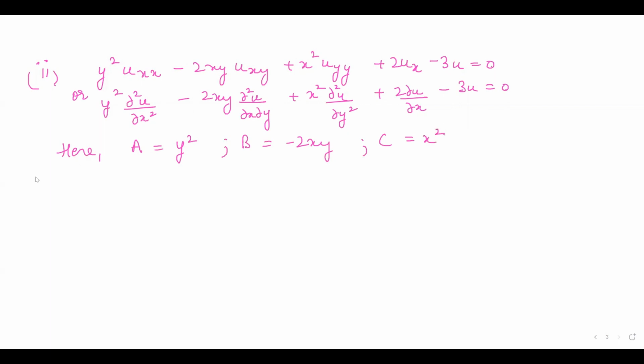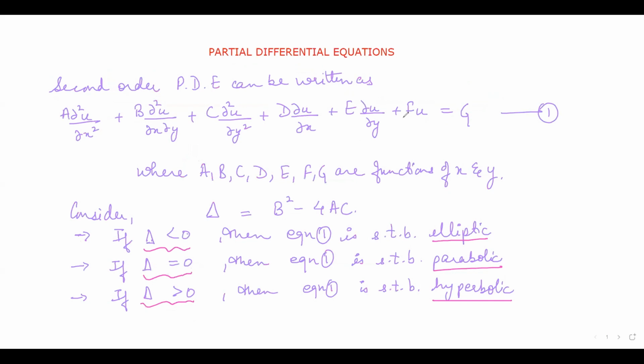The other values that we have, this represents your D, right? The coefficient is D, and the E coefficient is missing. That was for del u by del y, and this is F. Here you could see the D, E, and F.